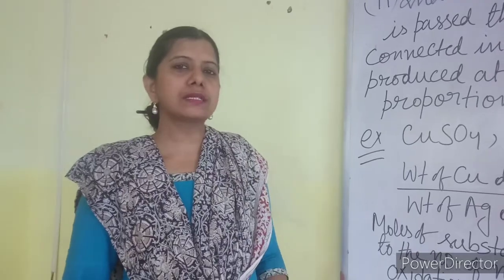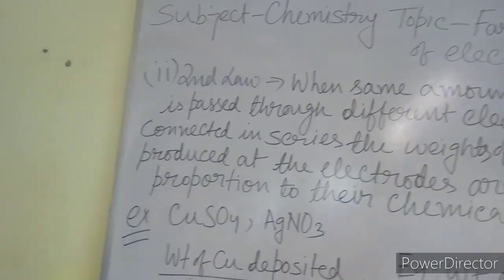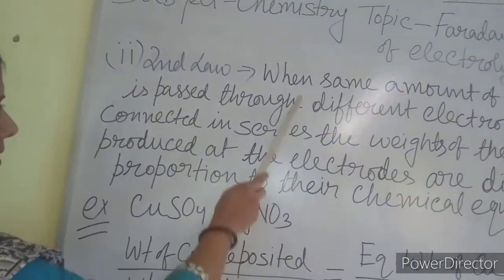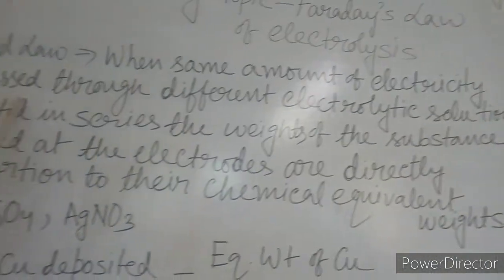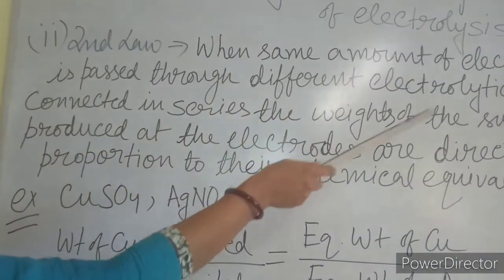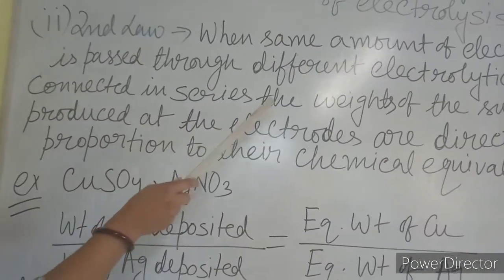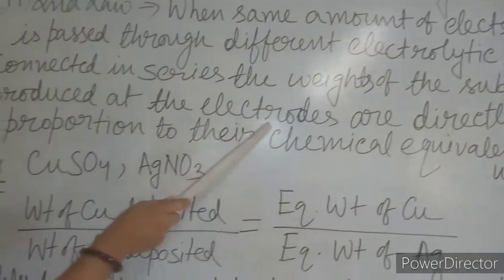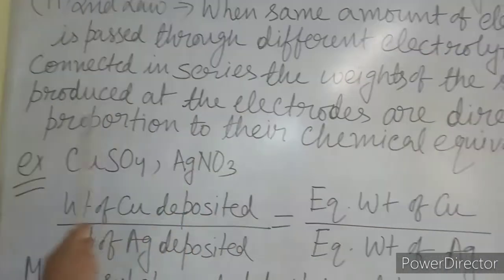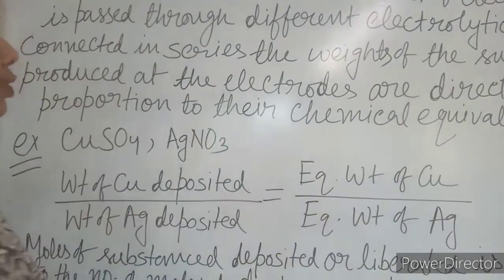Okay students, now the second law, Faraday's second law. What does it state? Faraday's second law states that when the same amount of electricity is passed through different electrolytic solutions connected in series, the weights of the substances produced at the electrodes are directly proportional to their chemical equivalent weights.